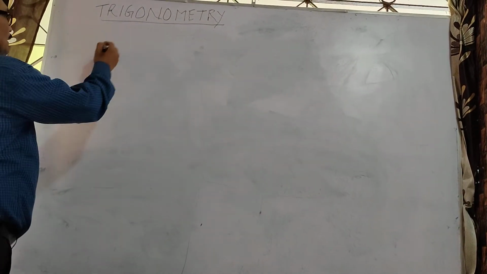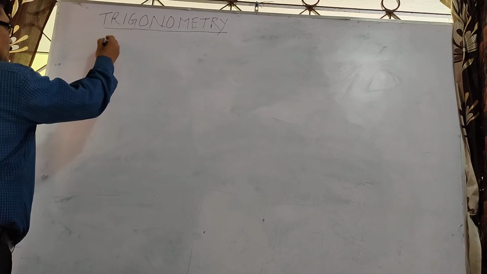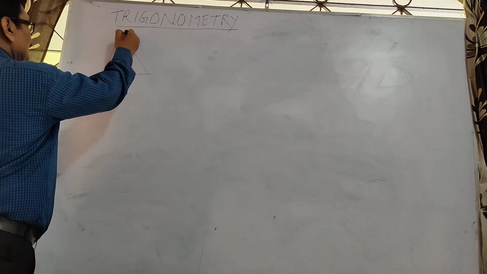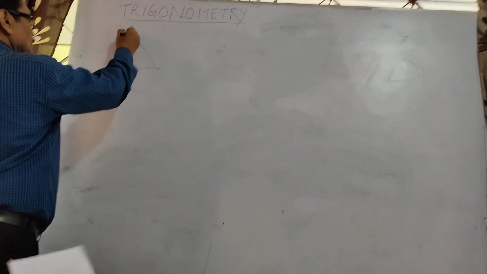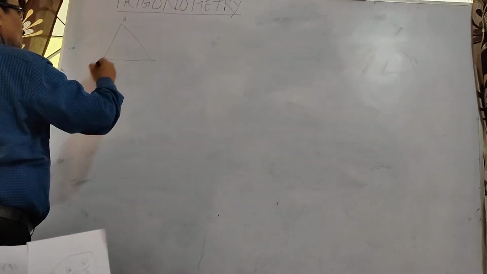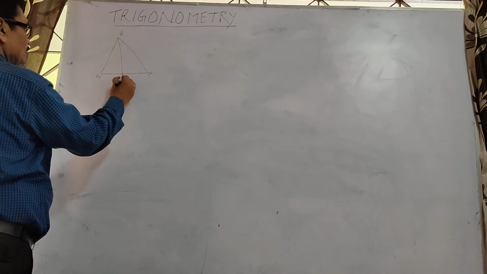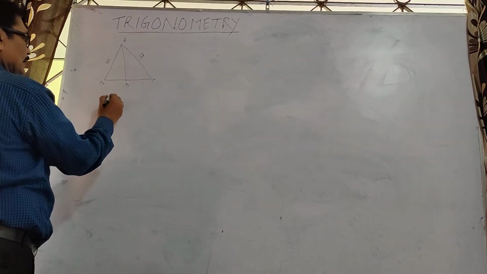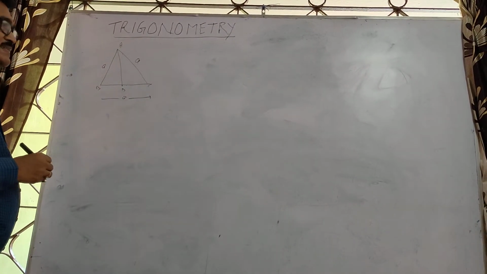Now suppose this is the equilateral triangle ABC.